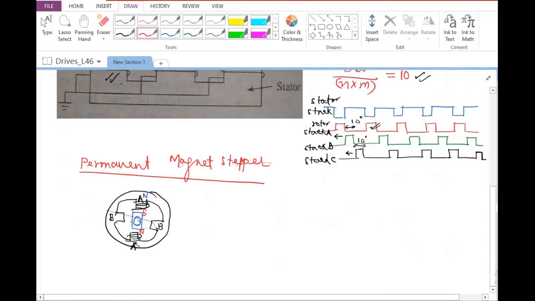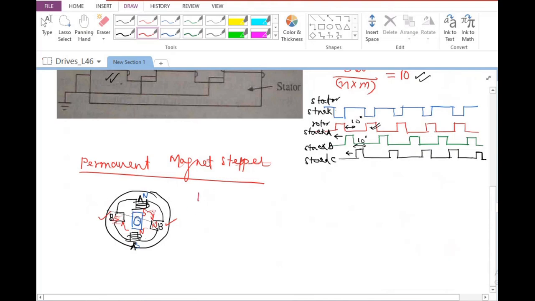So obviously A will attract the South Pole and A dash will attract the North Pole, and the rotor will align itself like this. After that, if I energize the B and B dash windings such that I again have a North Pole here and a South Pole here, obviously this will move this way and this magnet will move this way. So there will be clockwise rotation.